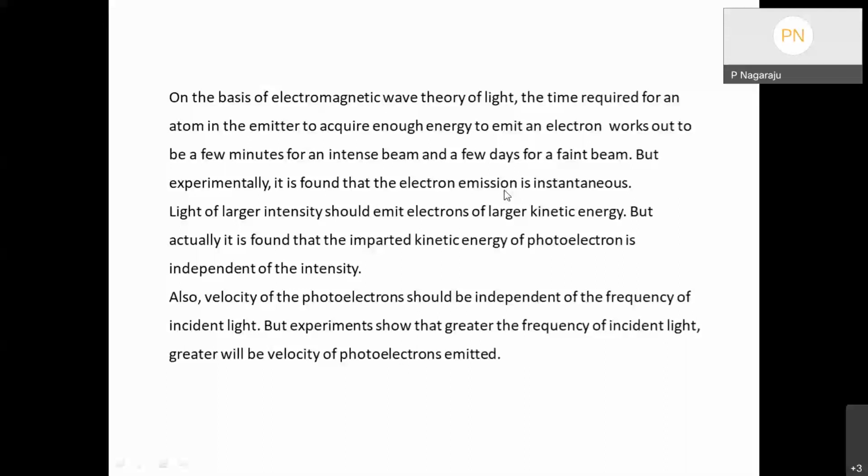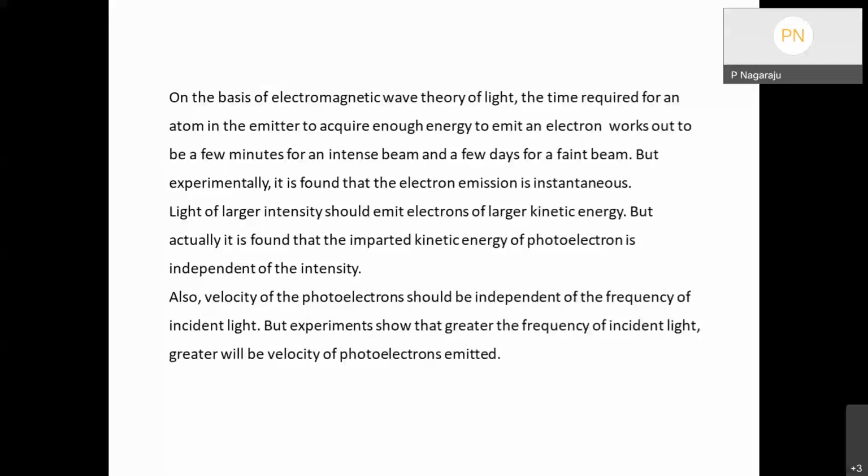That's why I told you in the beginning that the experimental observations of Lenard and others showed that the photoelectric effect is an instantaneous process, and the time lag is only of the order of 10 raised to minus 9 seconds, whereas the electromagnetic wave theory, which also explained the photoelectric effect, says that for the emission of electrons from a metal surface it requires a few seconds if the beam is very high, and if the beam is faint, it may take a few minutes or even days.